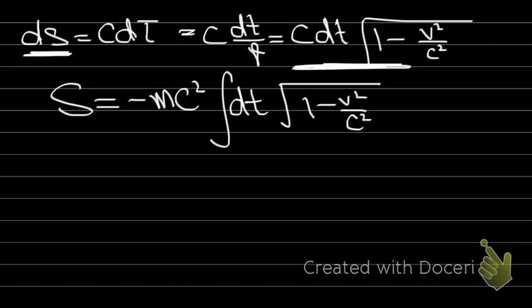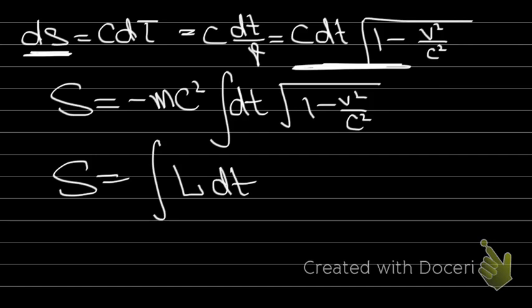Now, if you look at this action, it is obvious from here what the Lagrangian would be, keeping in mind that the general equation for action is the integral of my Lagrangian times dt, or the time integral of the Lagrangian.